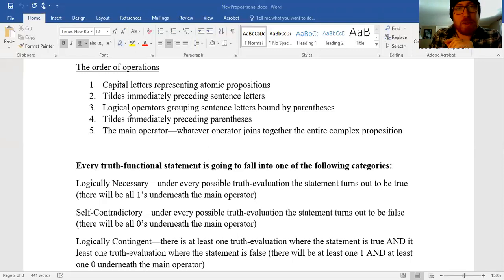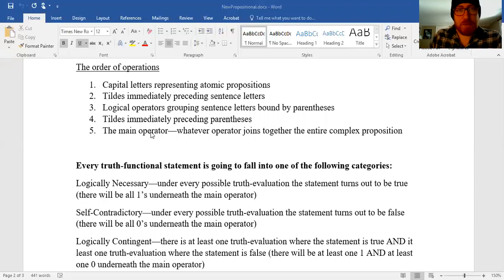The main operator is always going to either be a tilde outside all of the parentheses or an operator that is only within one set of parentheses, okay? Now, then you look at tildes immediately preceding parentheses, and then the last thing you want to calculate is the main operator. So the main operator is whatever operation is determining the truth value of the entire complex proposition, whatever that proposition is.